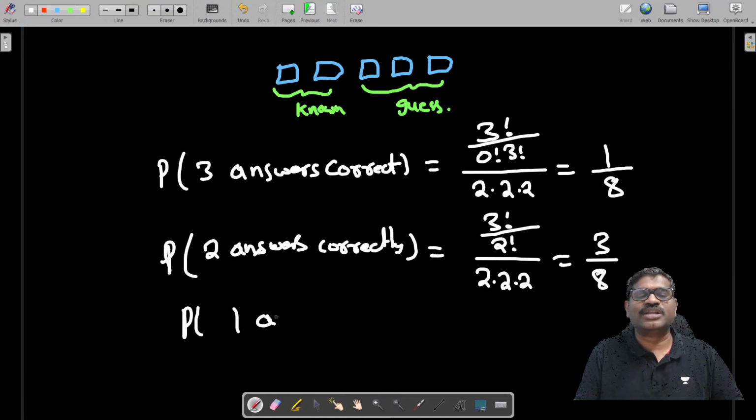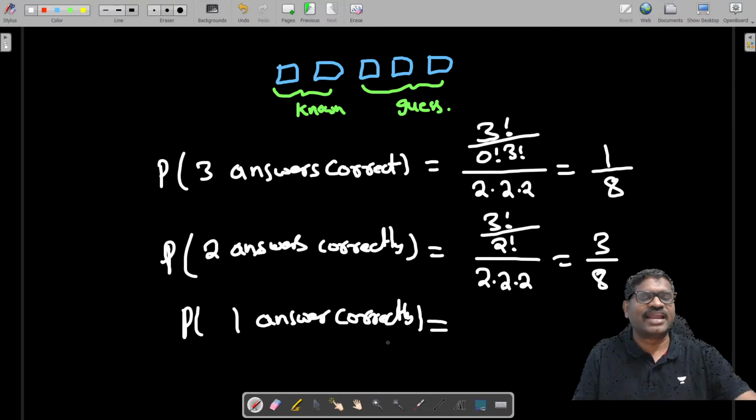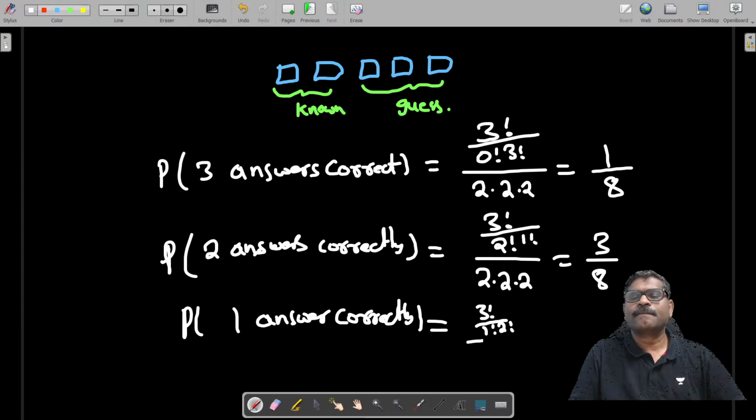What is the probability that 1 answer is correct in 3 attempts? 3 factorial by 1 factorial into 2 factorial, over 2 into 2 into 2.